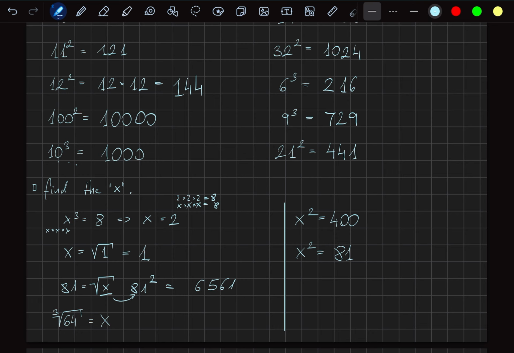I will check. So the 6561 needs to be under the square root, and it needs to be 81. Okay, so square root of 6561. It's 81, yes. So the x is this number. Don't forget, the x is under the square root. Okay, so like this.